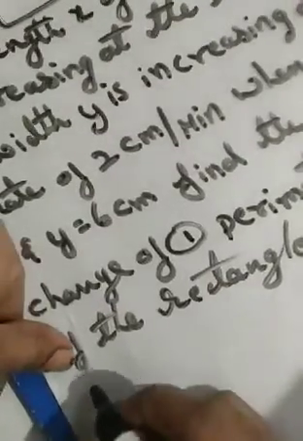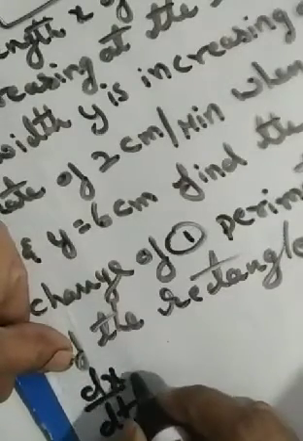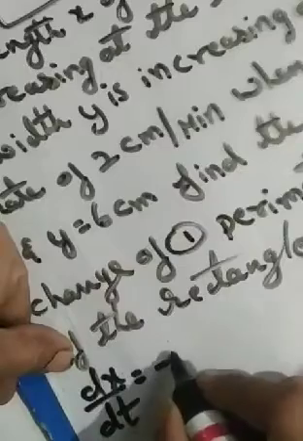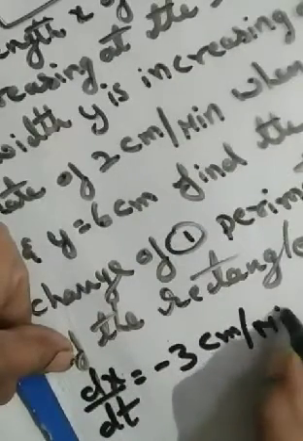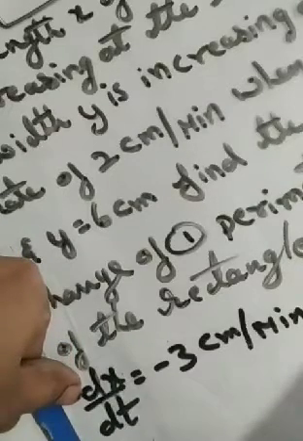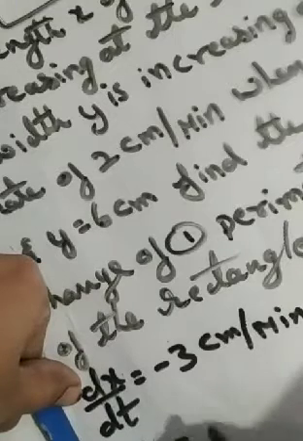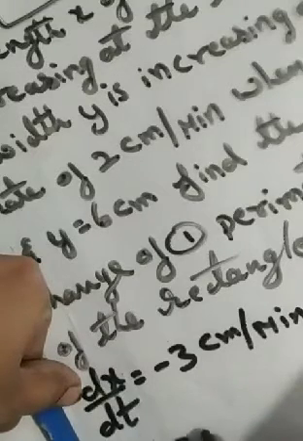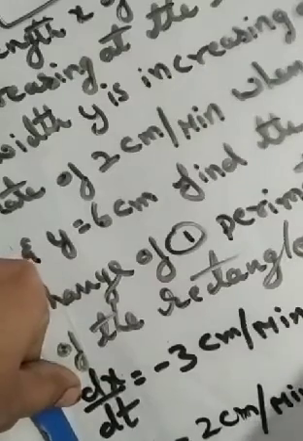The length is decreasing, so dx by dt is minus 3 centimeter per minute. And the width is increasing, dy by dt is equal to 2 centimeter per minute.